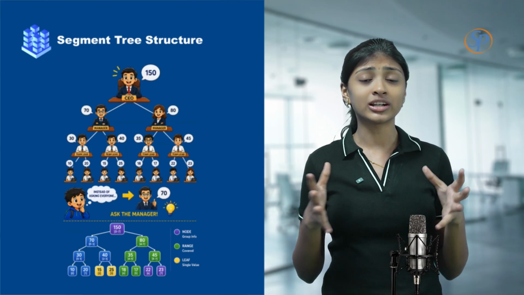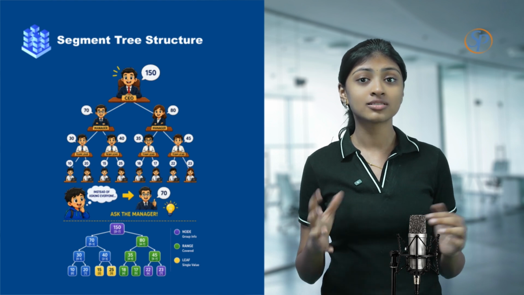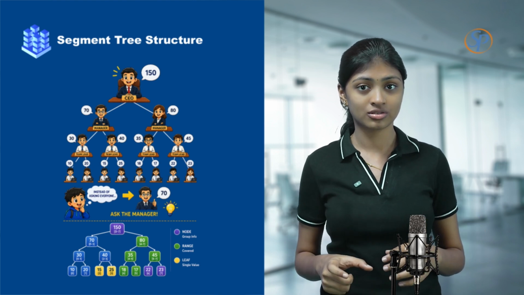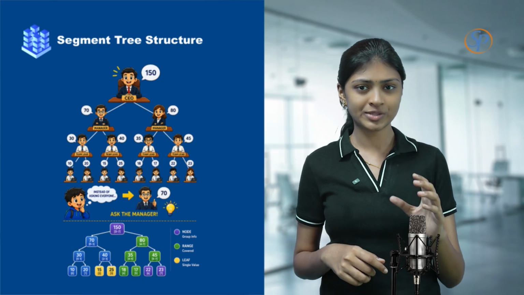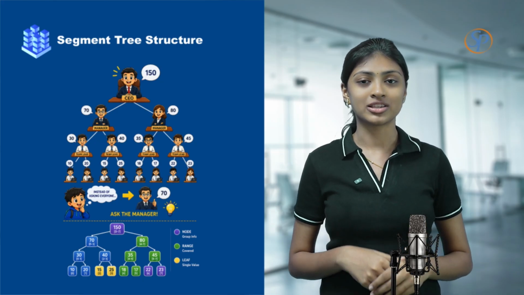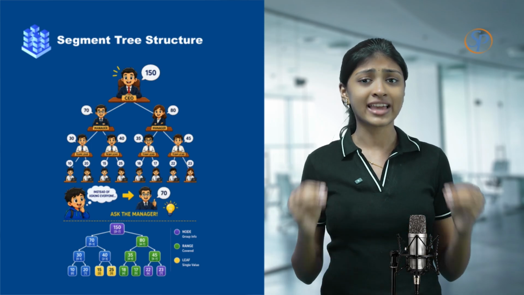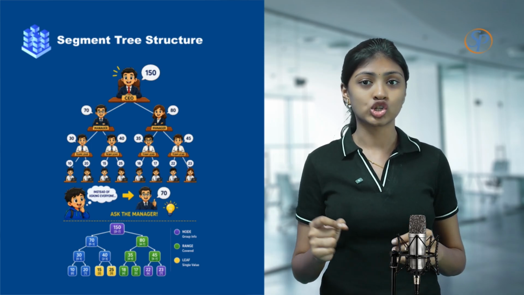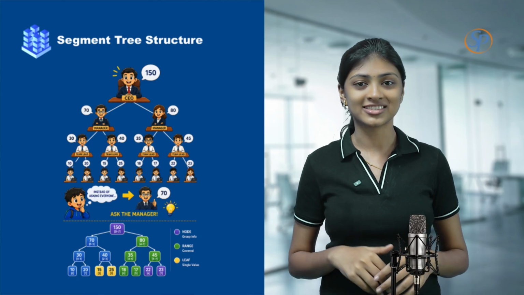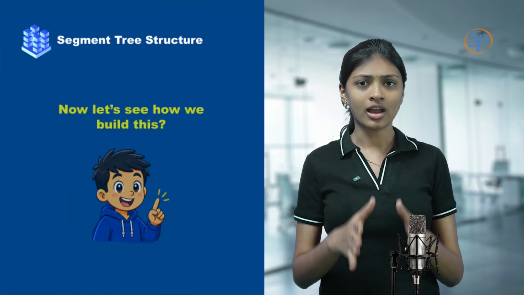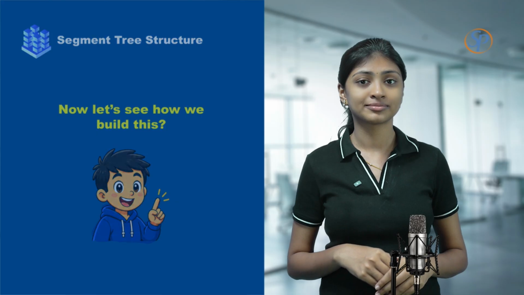You can imagine it like a company where employees represent individual values, managers represent groups, and the CEO represents the whole data. So, instead of asking everyone, you ask the manager who already knows the answer. Now, let's see how we build this.